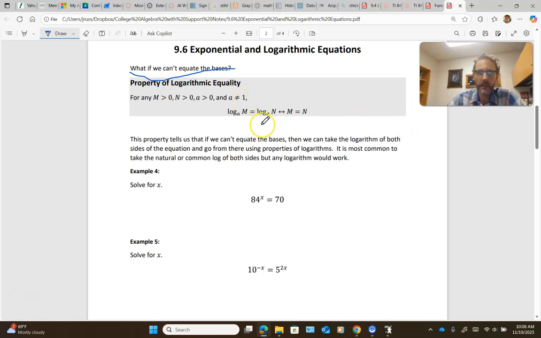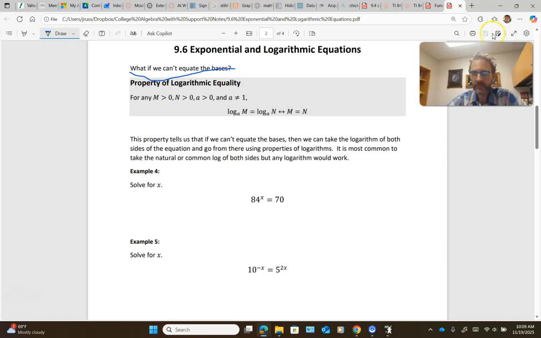Now, I want you to think back for a minute how we've talked about how exponential functions are the inverse of logarithmic functions and vice versa. They're inverses of each other. Okay. So you can think of an exponential operator and a logarithmic operator. Whatever one does, the other will do the opposite, or undo.